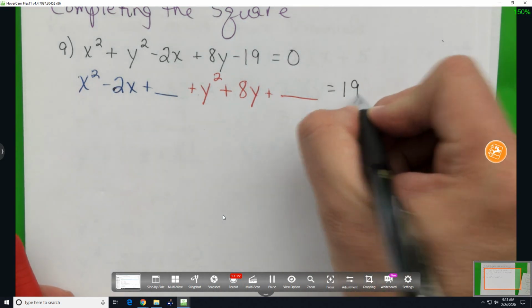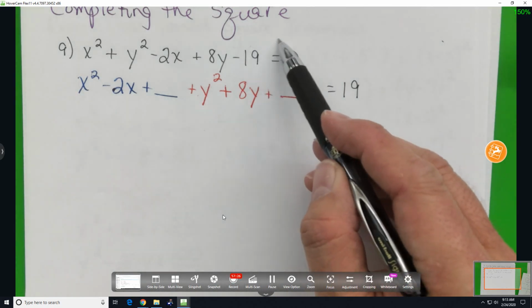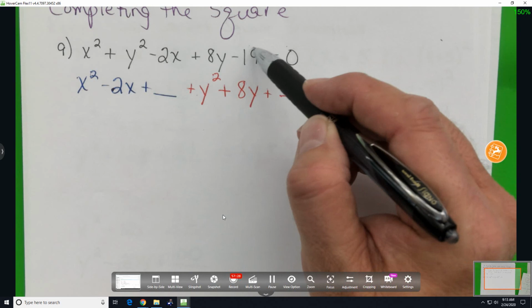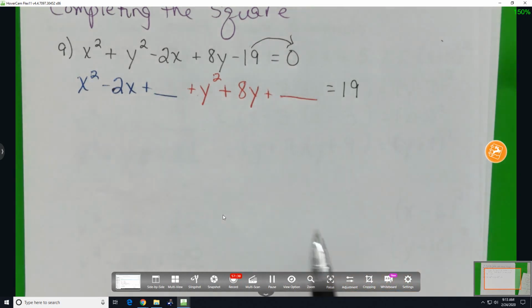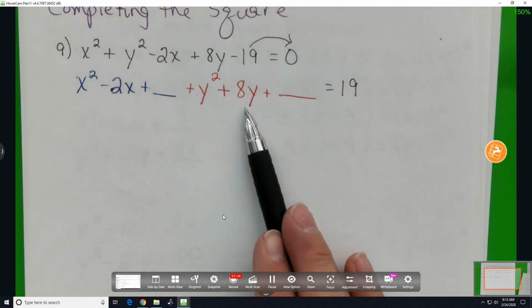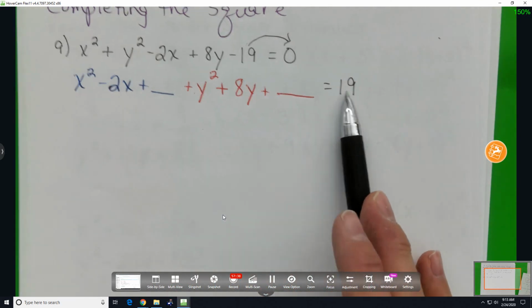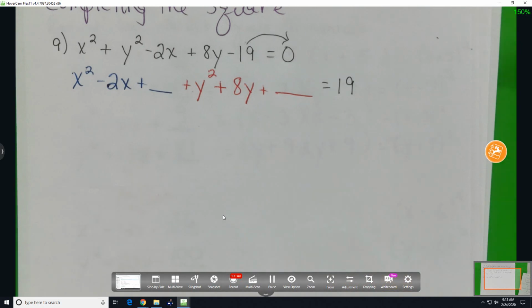Equals 19. Notice I moved this constant over to the right hand side. That's where I'm getting the equals 19. I have the x terms with a blank, the y terms with a blank, the constant on the right. Now we're going to actually complete the square by filling in those blanks.